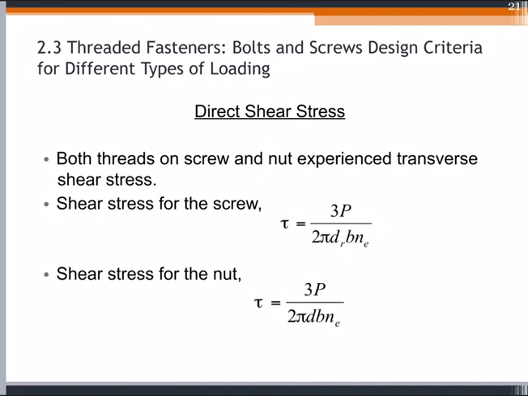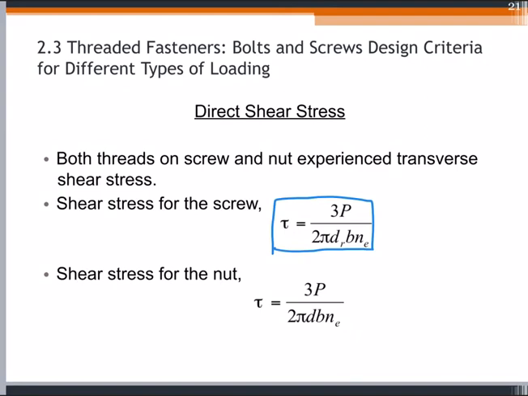Lastly, the fourth type of stress is the direct shear stress. Both threads on the screw and nut usually experience transverse shear stress. The value of shear stress for the screw can be found from this formula, which is shear stress equal to 3P divided by 2 pi dr b and e.